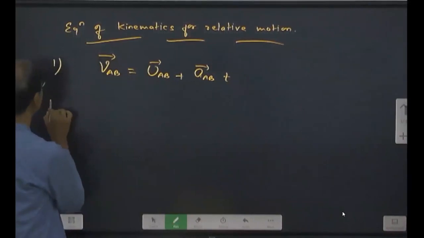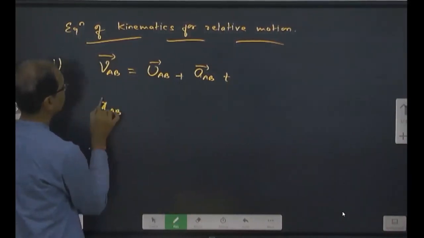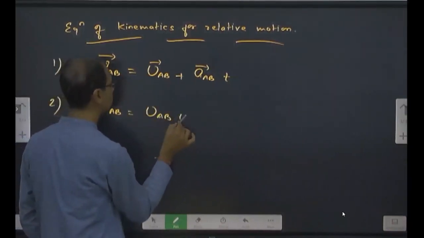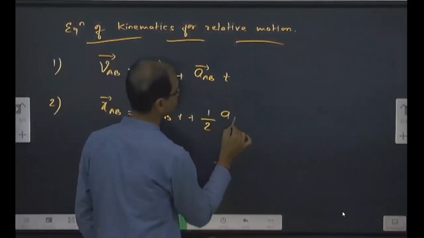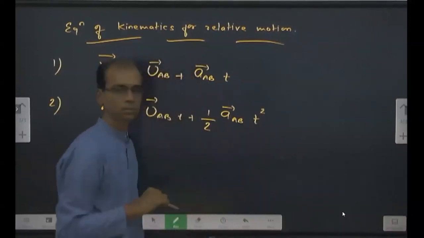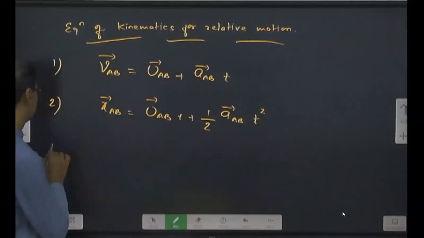Second equation, displacement of A with respect to B equal to UAB into t plus half acceleration of A with respect to B into t square. Okay, third equation.